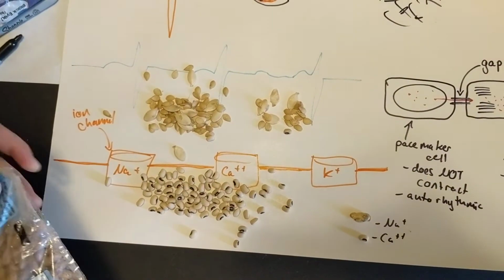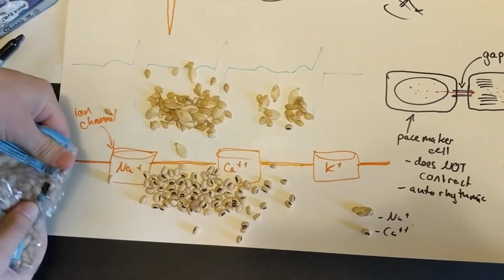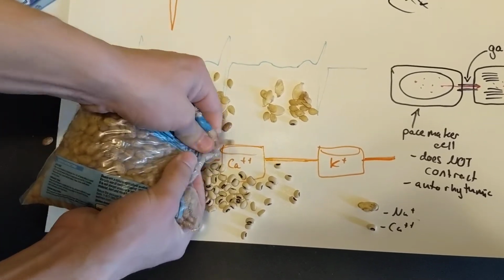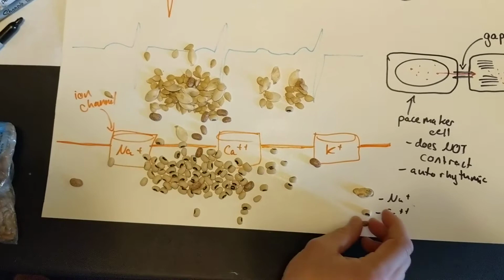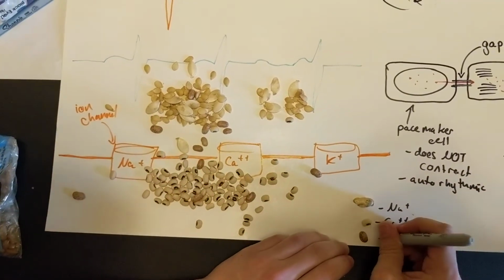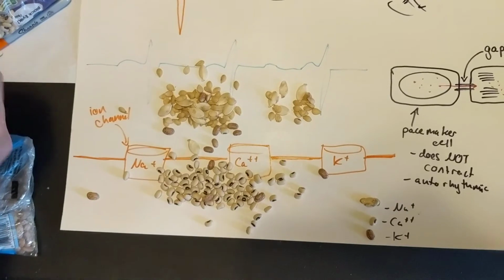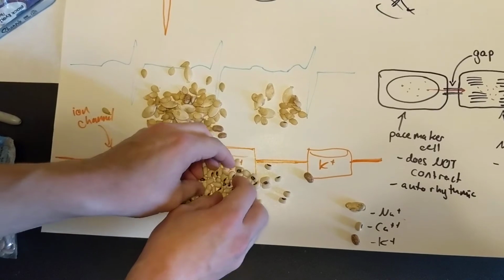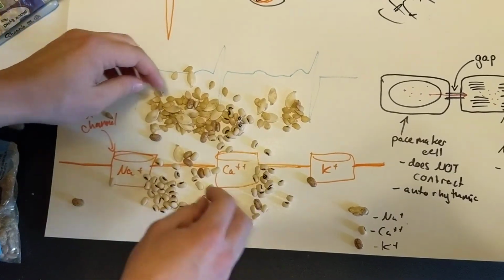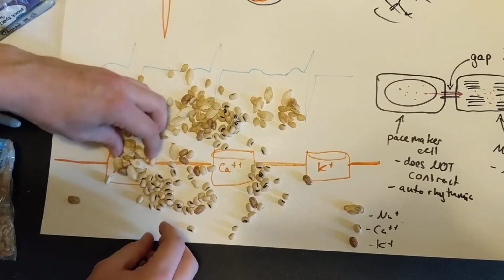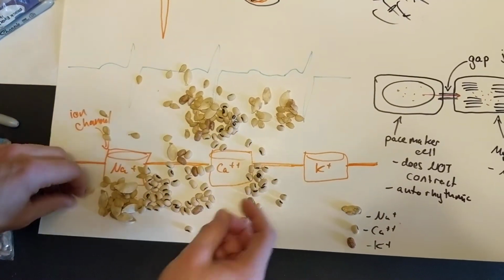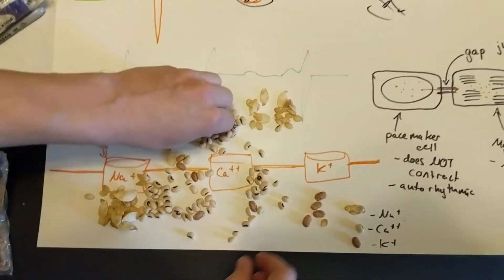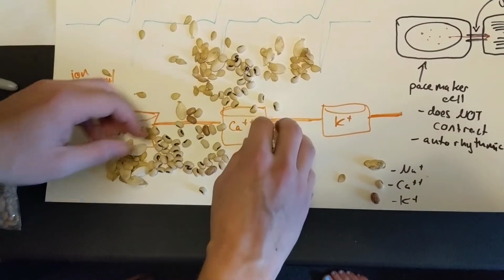And all of my regular pinto beans, woo, there they go, are going to be my potassium. And so what's happening is that these ion channels will pump, the calcium ones will be pumped out, the sodium ones will be pumped in, and then all the potassium ones will also be pumped inward, I believe, if I'm telling you correctly, which God, I hope I am.